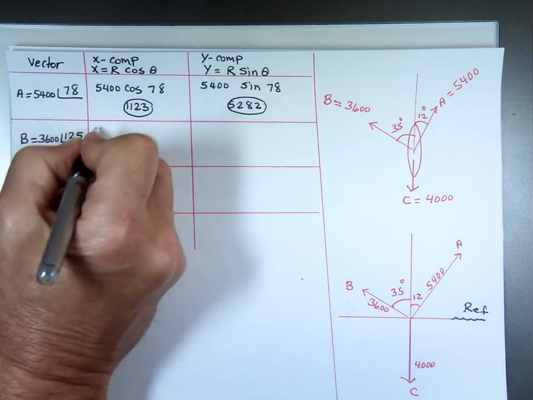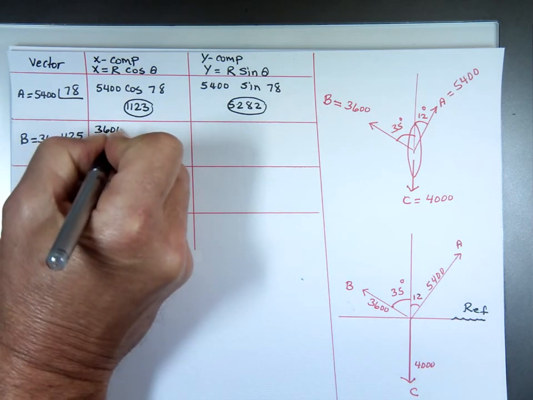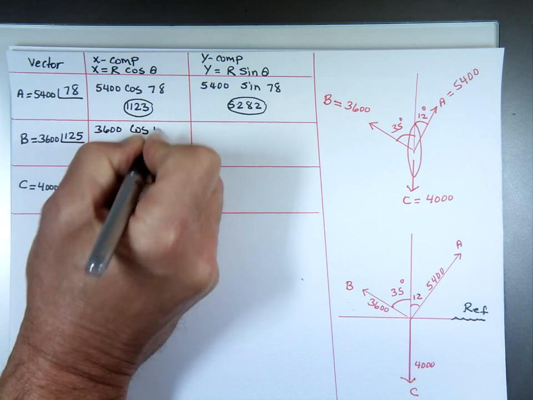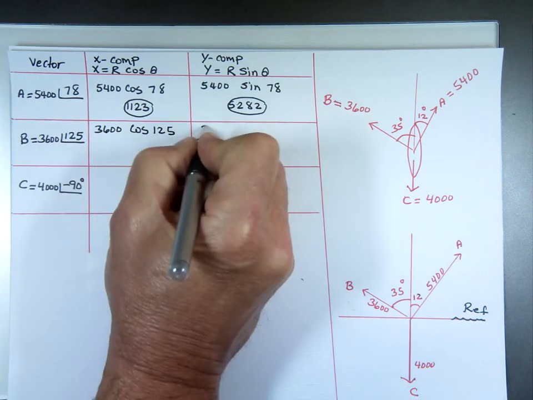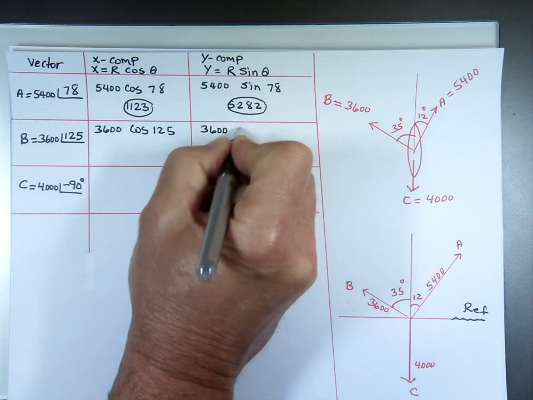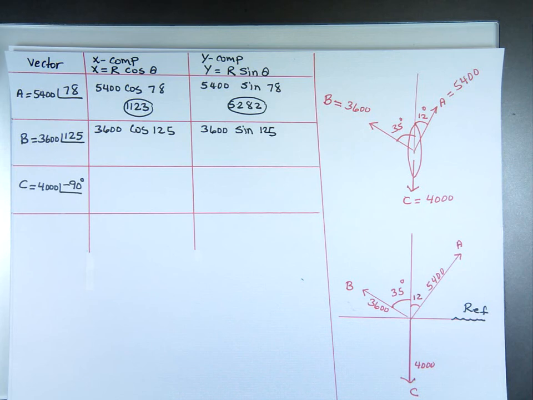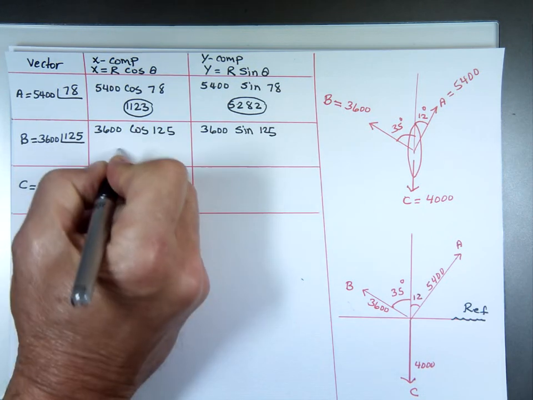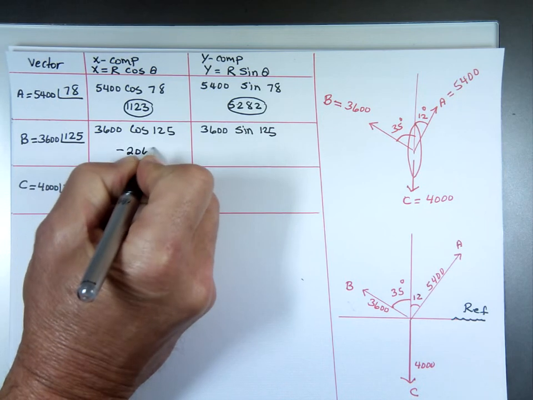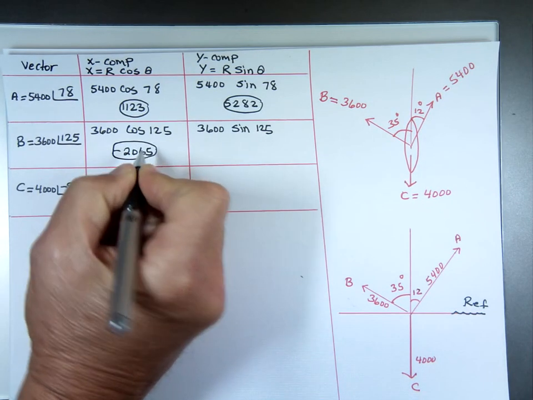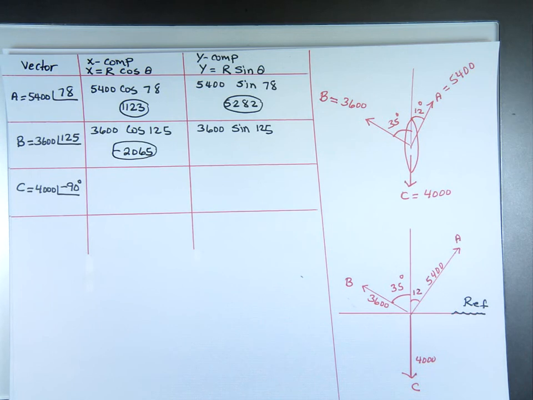3,600 cosine 125. 3,600 sine 125. Negative 2065. 3,600, the sine of 125. 2949.